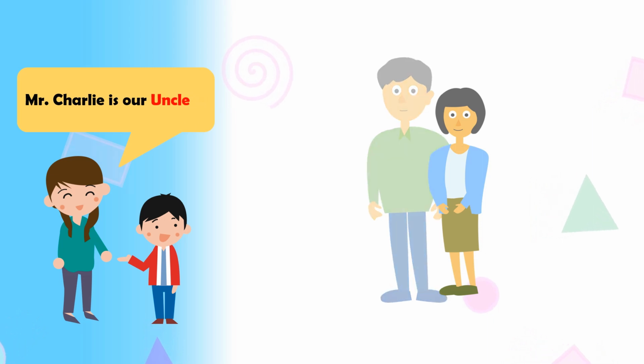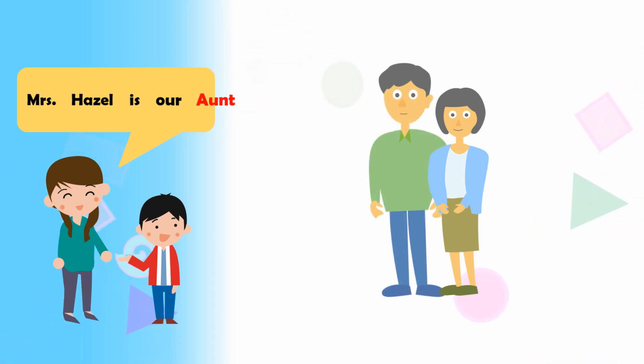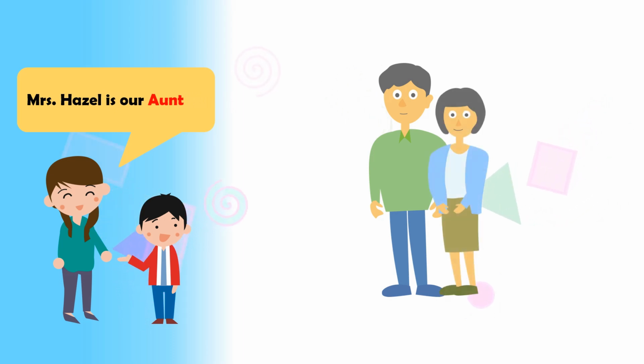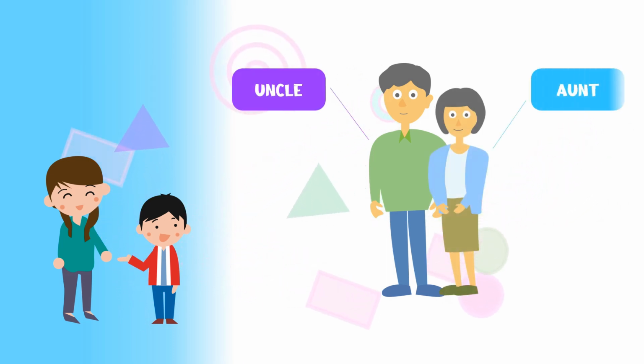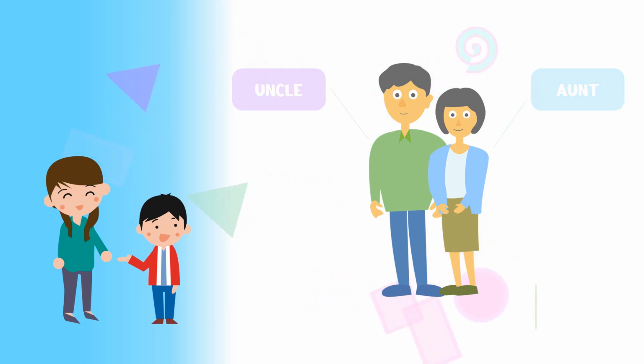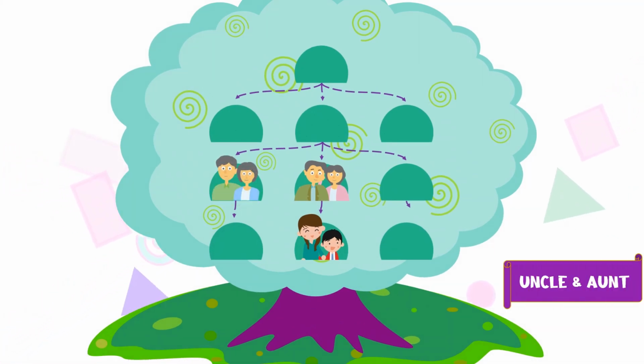Mr. Charlie is our uncle. Mrs. Hazel is our aunt. Uncle, aunt. They are our uncle and aunt.